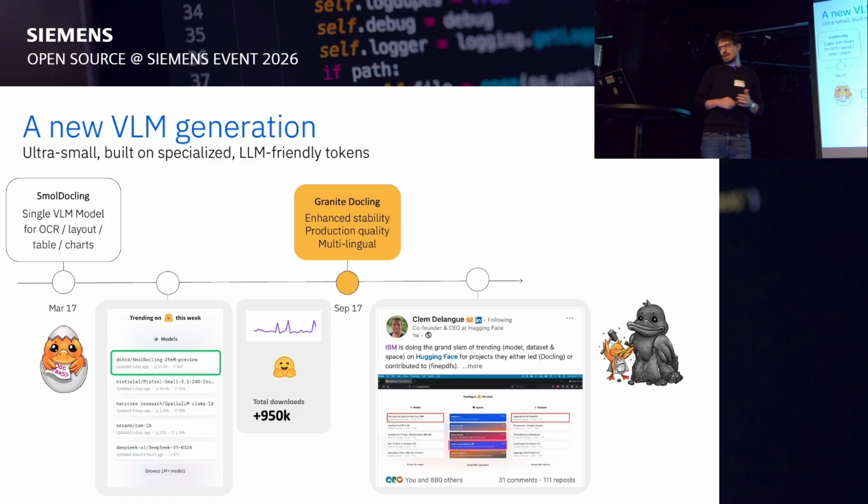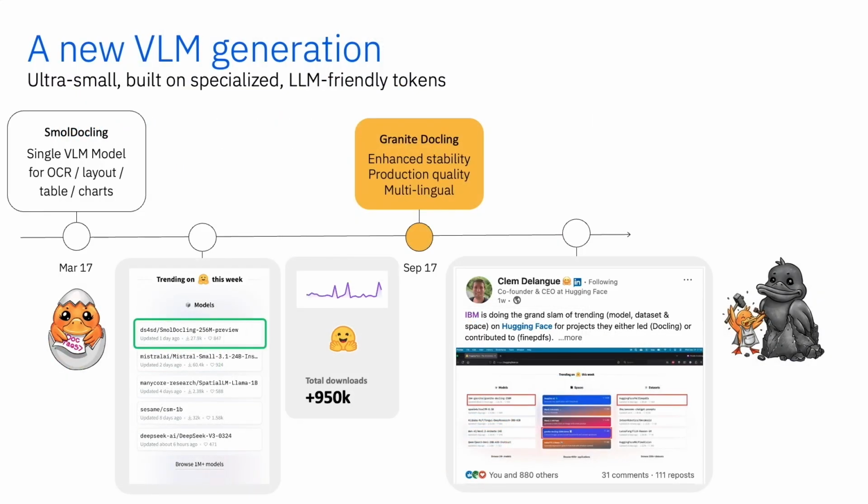So as I mentioned earlier, a lot of what we're driving is around the VLM area, where VLM stands for Vision Language Model, where essentially you have a single model that does everything. And the differentiator here is that we are making tiny models. We are talking like 256 million parameters.